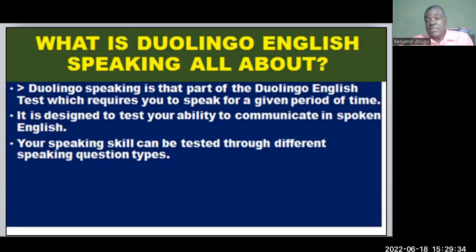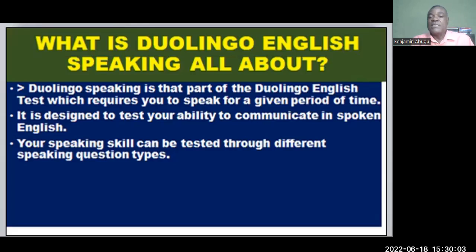In some cases, the prompt shows for a given number of seconds before the start of the recording. And during that time you are given, you are expected to read or listen to the prompts and then consider it and plan before speaking. Generally, the speaking test is designed to test your speaking skills.